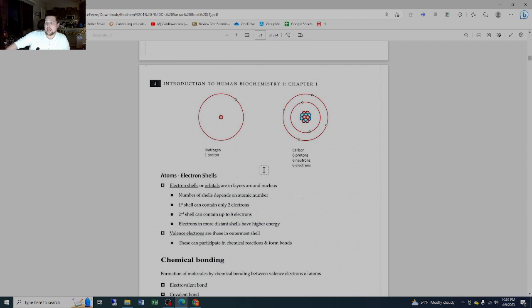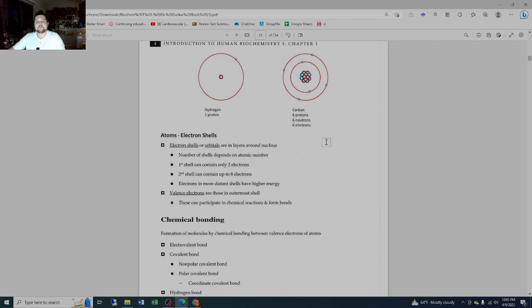Now, it isn't always going to work out that way just because of the way that electrons and these rings called the valence shells or orbitals are going to want to be. They want to be in the most stable state possible. So sometimes they're going to get rid of electrons, sometimes they're going to get extra electrons, making, in general, certain atoms positive or negative in nature.